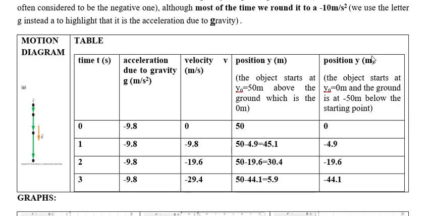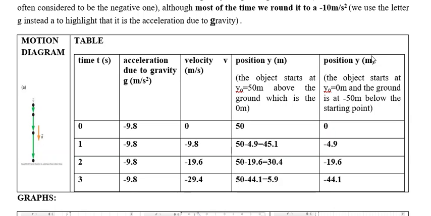I have here two cases of how position can change. The position is the same; the difference is how we consider it. And what do I mean? Let's say we have an object that falls from a height of 50 meters above the ground.